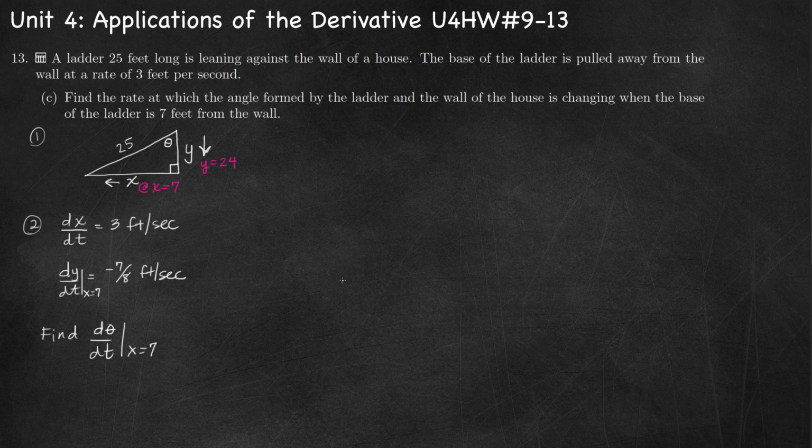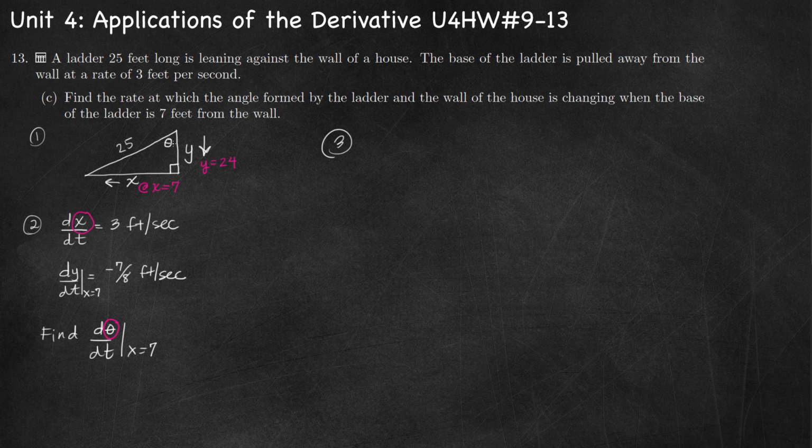So now I need to write an equation that relates my variables. I need to involve theta and x, or theta and y, or theta and x and y. Since I know dx/dt and I know dy/dt at this moment in time, it's okay to have x's and y's in my equation. But I can do this without all three.